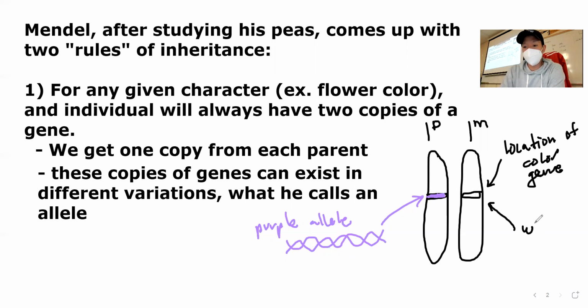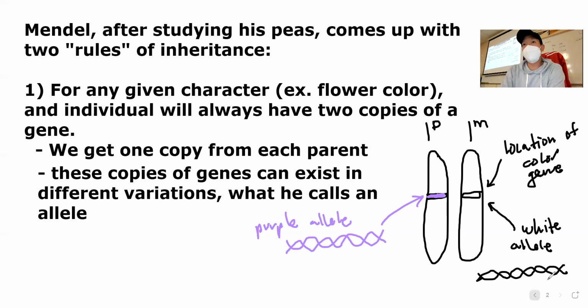In this case, let's just make it a white allele. Again, that's a variation of the same gene. The gene is for color, but it's a different variation of it. And this gene, its sequence of DNA, causes the flower to be white.